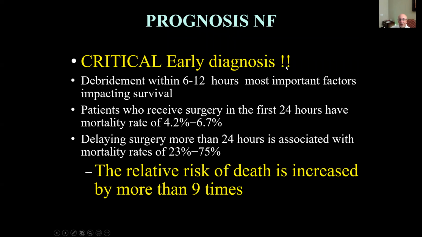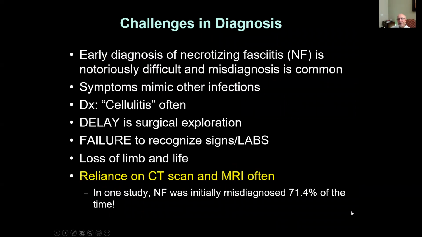Early diagnosis is critical, and early debridement is essential for patients to have a lower mortality. If patients receive surgery in the first 24 hours of presentation, the mortality is less than 10%. However, delaying surgery more than 24 hours is associated with an extremely high mortality, up to 75%. The relative risk of death is increased by 9-fold.